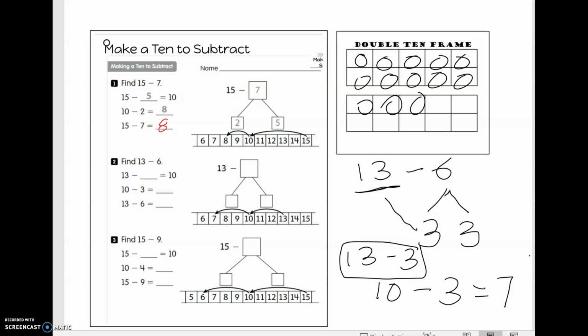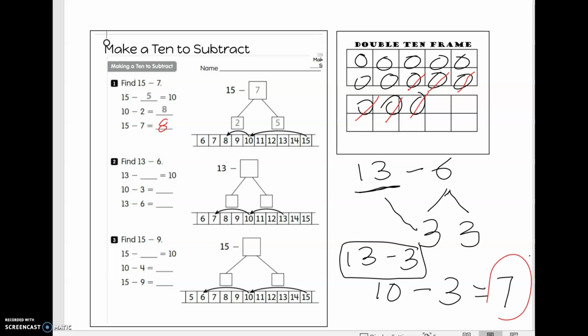I know that my one frame has 10 boxes, so I definitely have to take away these 3. Same thing I was saying, what do we need to take away from 13 to make 10? And now we took away the 3 and we have 10 circles left. But we need to take away 6, so we already took away 3, 4, 5, 6. How many left? 1, 2, 3, 4, 5, 6, 7.